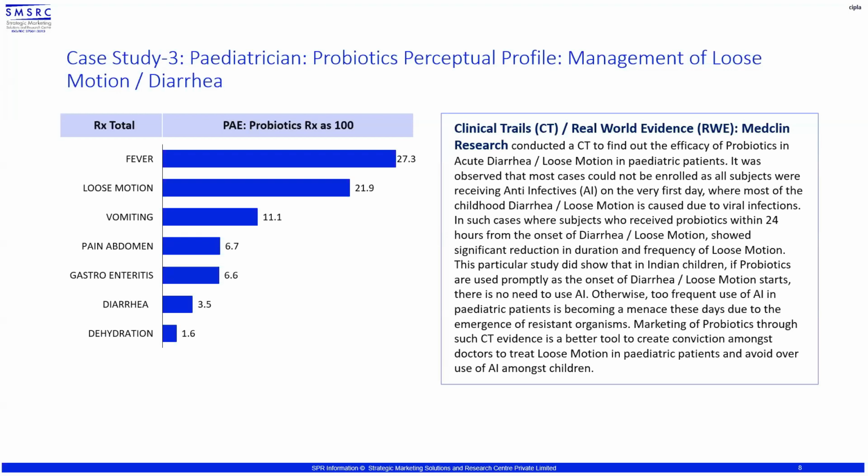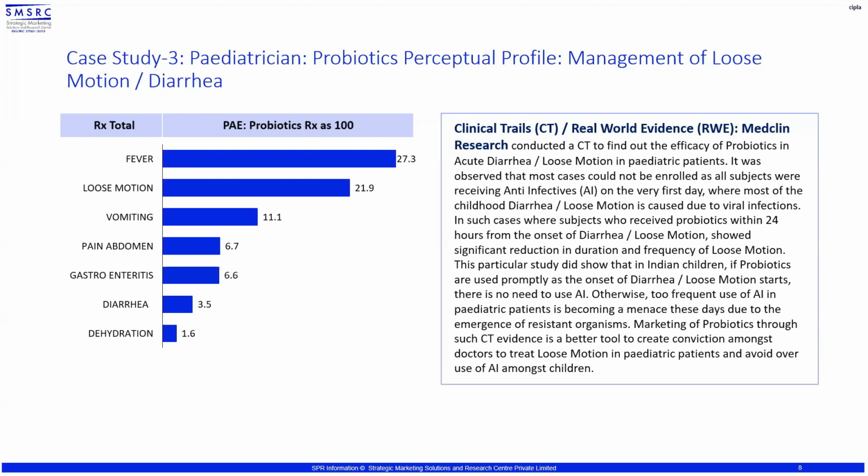I'm sure we all will agree, in most cases, even for pediatric patients, the doctor prescribes antibiotics. Of course, if it is dysentery with fever and all, antibiotics are required. I'm not saying doctors are doing wrong practice.